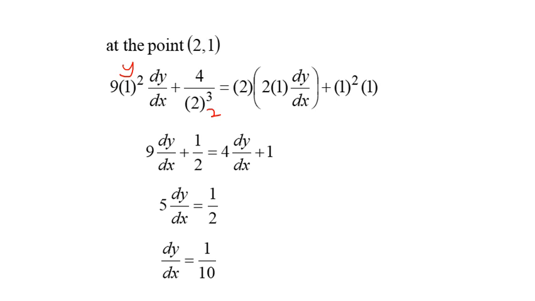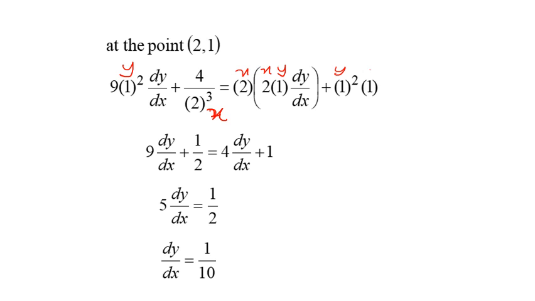Okay, so 2 will be the value of x, this one y, this one x, y, and also, okay. And then, well, it will be much easier, right? After we sub the values.